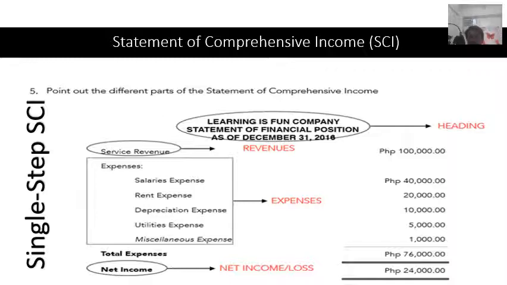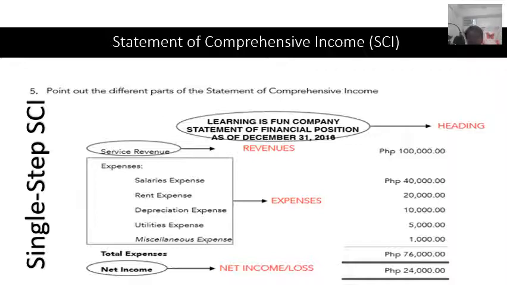After the revenue is of course the expenses. So, you list all the expenses of the business, salary expense, rent expense, down to miscellaneous expense, then get the total of expense. Because you need to subtract the total expense from the revenue to come up with the result of operation, which is the fourth part.